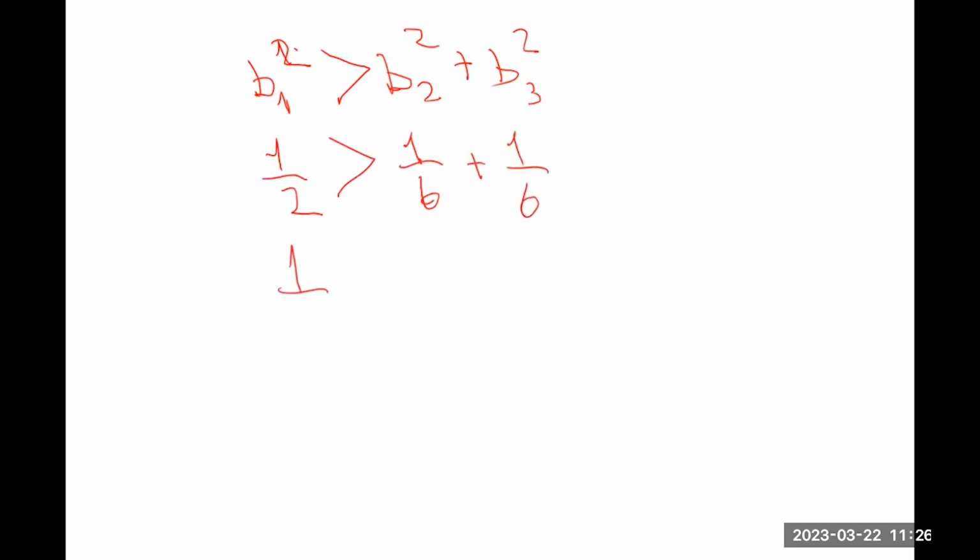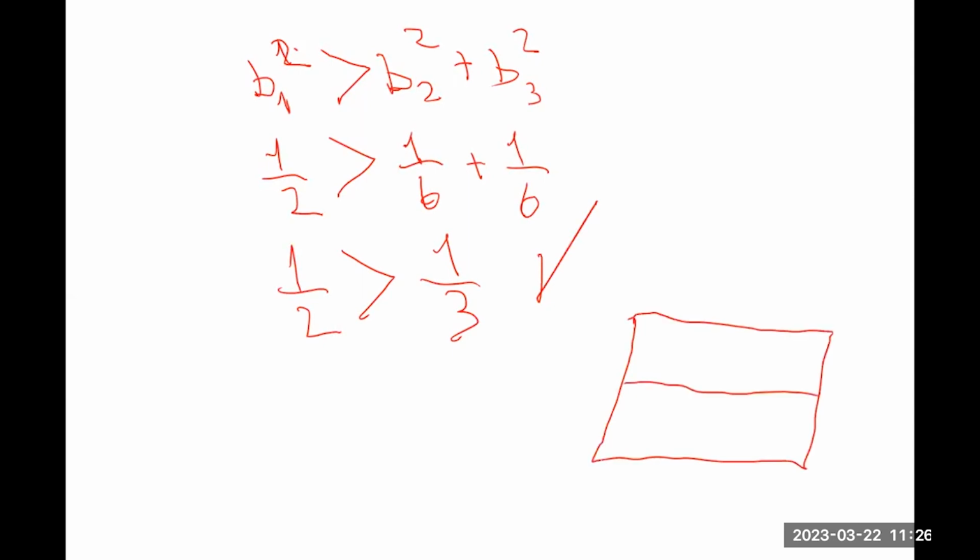So 1 over 2 is greater than 1 by 3. So this reaction is energetically favorable. That means if we have an edge dislocation in FCC, it will dissociate into two Shockley partials, 1 over 6 of the 1, 1, 2 slip system. All right?